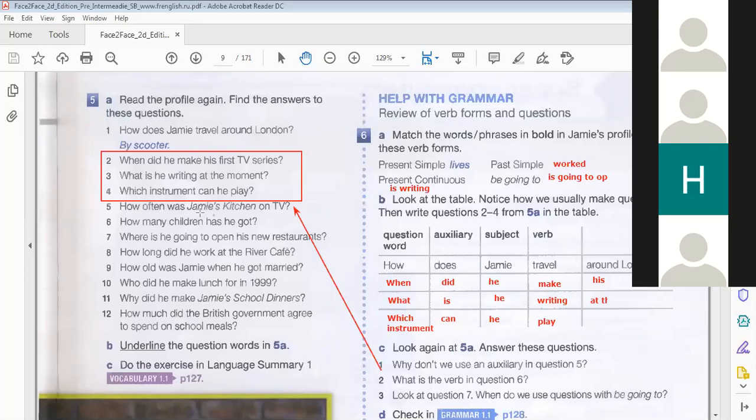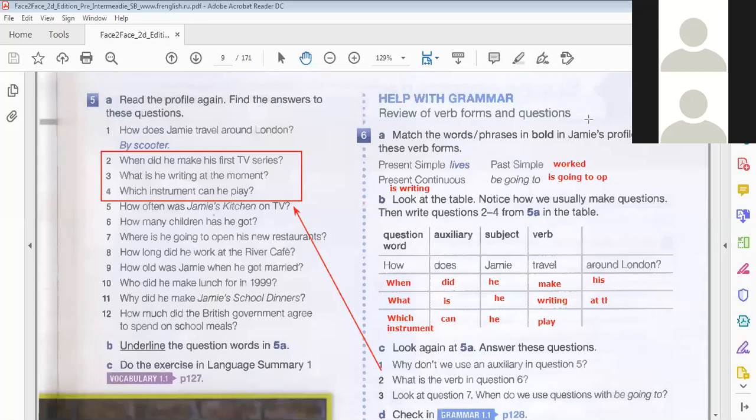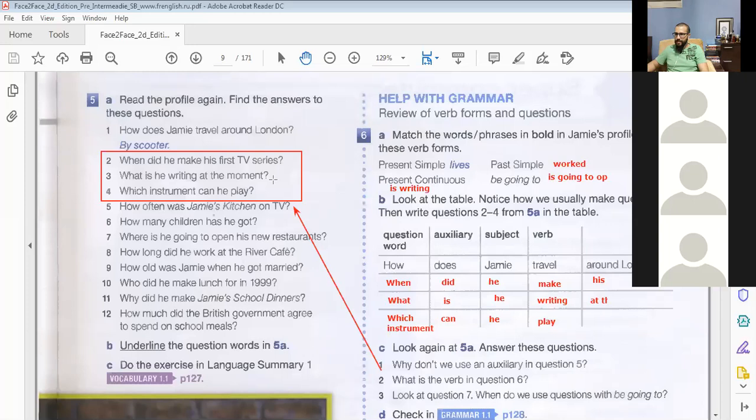Maybe because was doesn't need an auxiliary. Okay, this is another good guess. What do you think, Hannah? He was. But was, it's a verb, right? Yes, it's verb to be. It's verb to be in the past. Okay, so we'll find out in a minute because we'll check the revision here, the summary. So we'll find out about that.